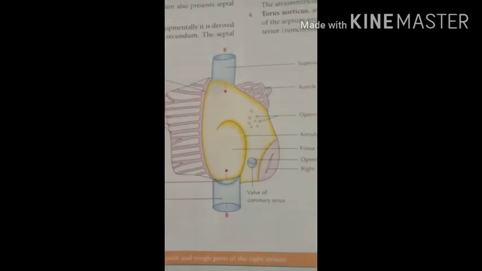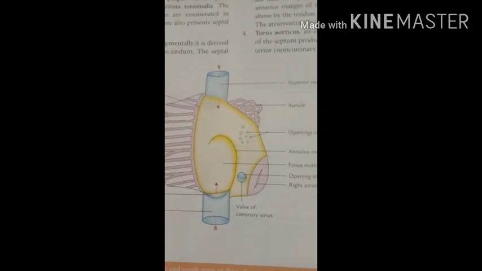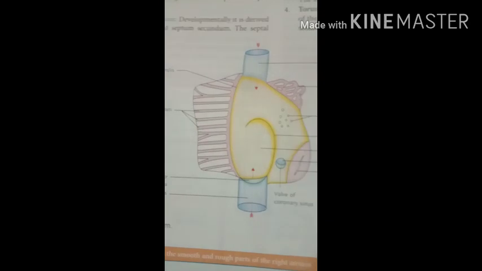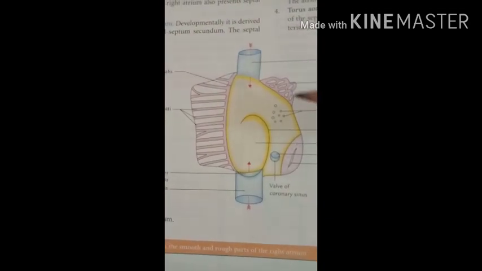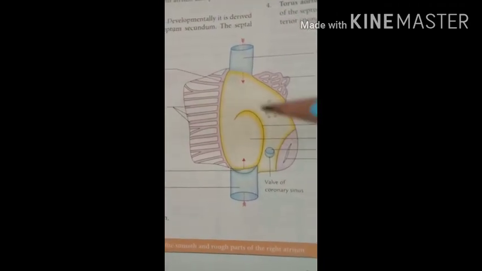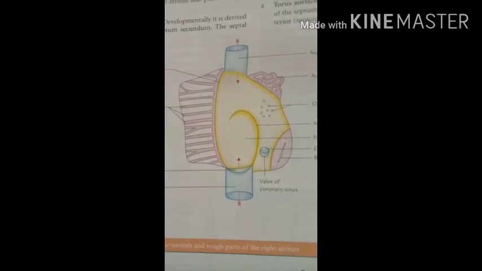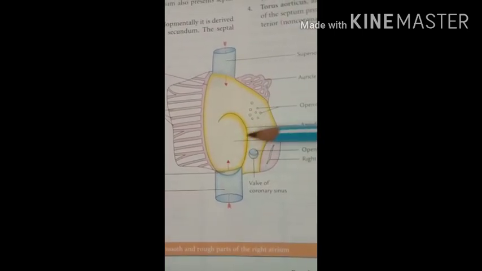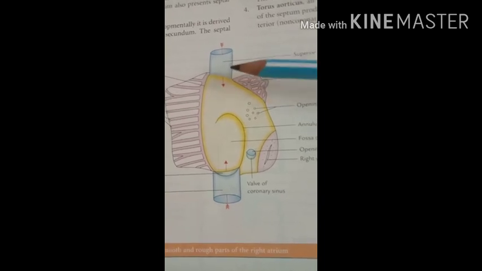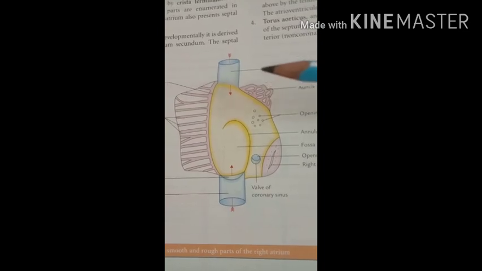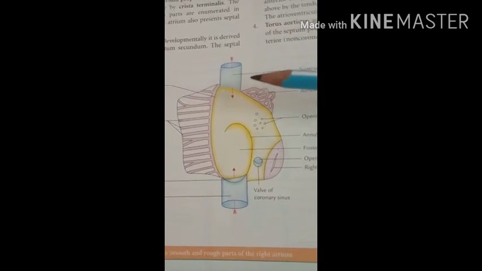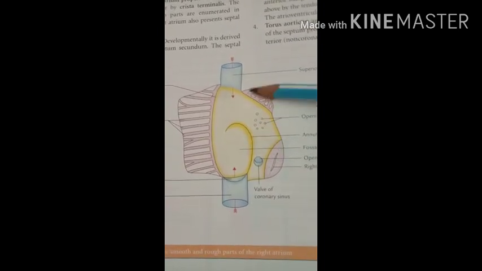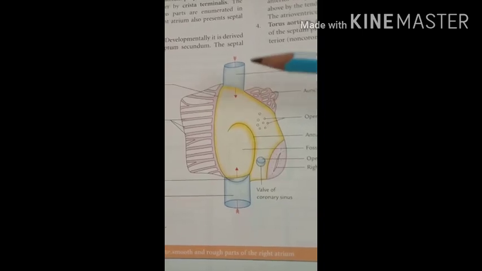Okay. Then the internal features of the right atrium. It is divided into the following three parts. The first part is the smooth posterior part, which is called the sinus venarum. Most of the tributaries, except the anterior cardiac veins, open into the smooth posterior part of the right atrium.